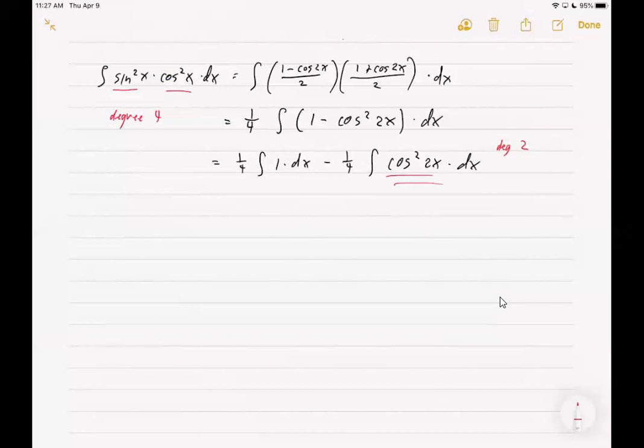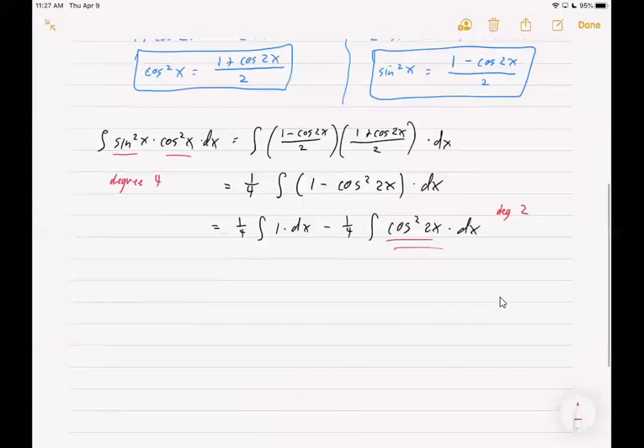We can use our identity again for the cosine, and we could say that cosine squared of 2x, now remember the angle is 2x, would be 1 plus cosine of 4x, because we have to double the angle, all over 2, right?